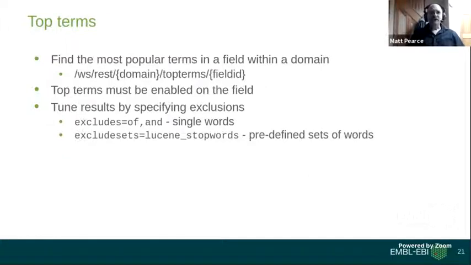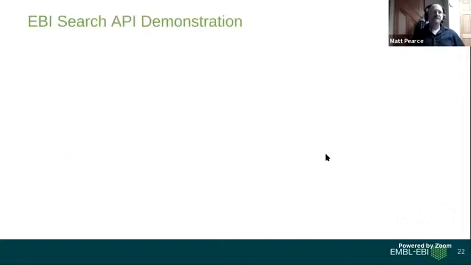You can either specify single words using the excludes parameter, or you can use a predefined set of words such as Lucene stop words, which is the default Lucene stop word set for English, which includes of, and, the, a, an, and so on. Lots of common words in the English language.